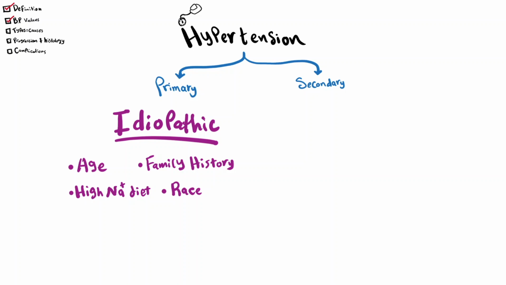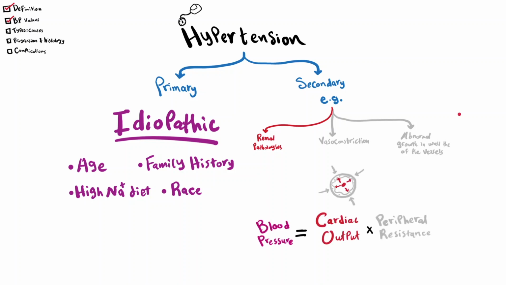But generally, I classify them this way: renal pathologies cause an increase in the blood content itself, and other things lead to an increase in the peripheral resistance caused by the vessels, like vasoconstriction and growth of the vessel.